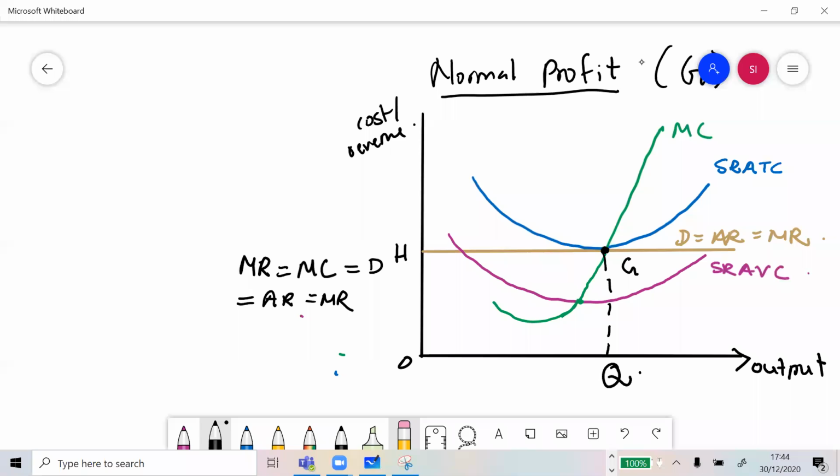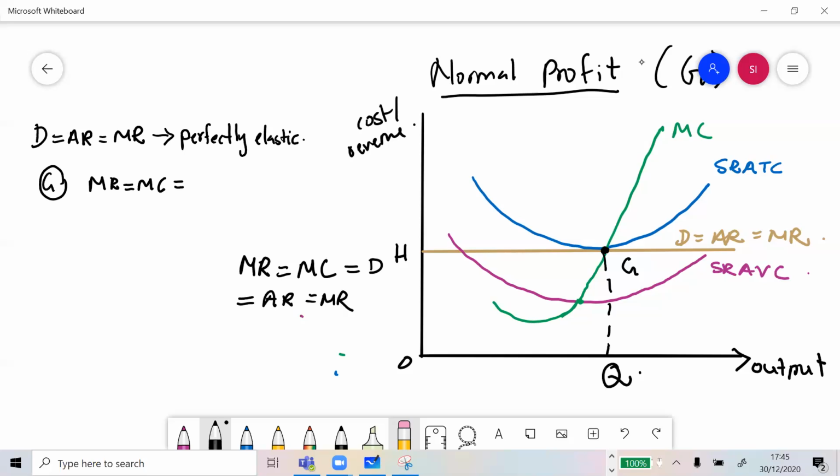Now let's see how to write the conclusion. Now here demand is equal to average revenue equal to marginal revenue. Also, it's perfectly elastic. At point G, MR is equal to MC equal to short run average total cost curve.